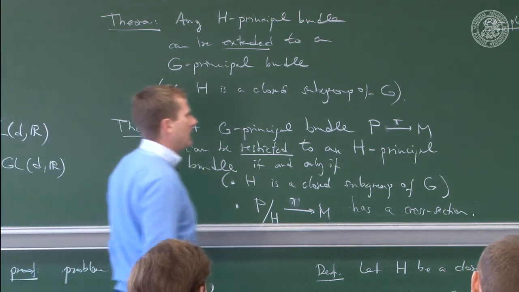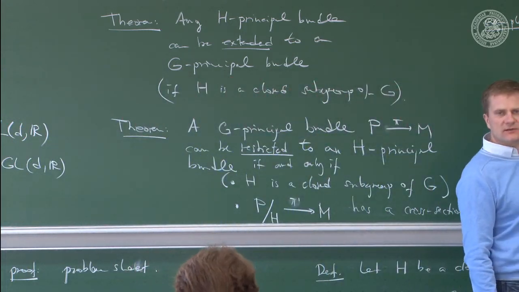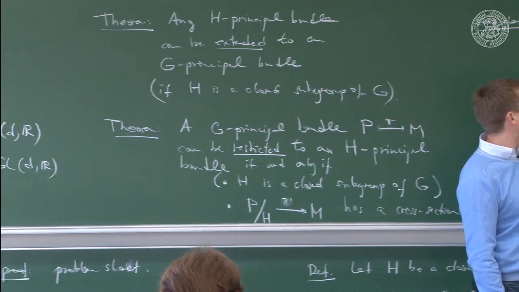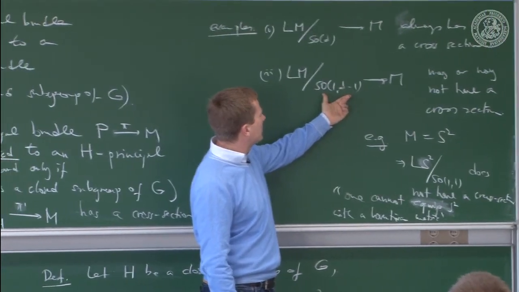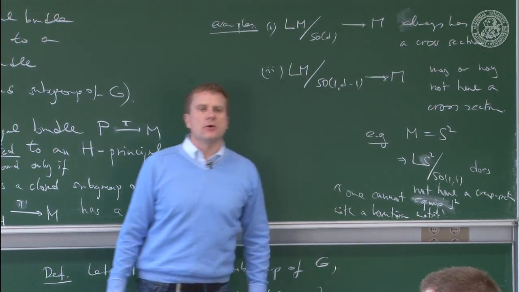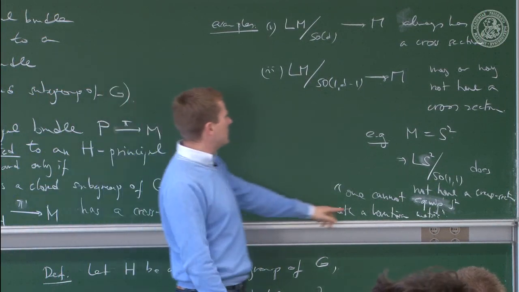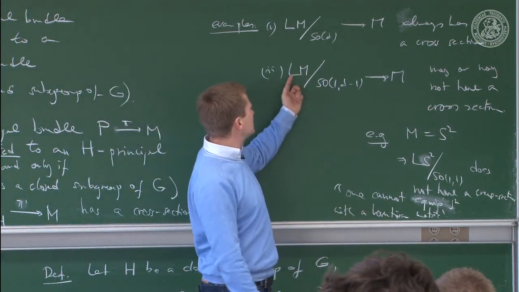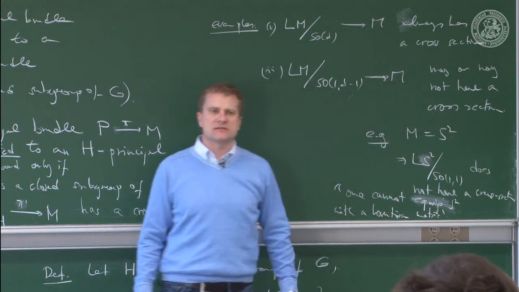Given how often we do this in special relativity and general relativity in order to establish spinors, where we choose SL2C instead of SO13 in 4 dimensions, this is an important theorem. There are manifolds that can carry a Lorentzian metric, but still LM by SL2C doesn't have a cross section.